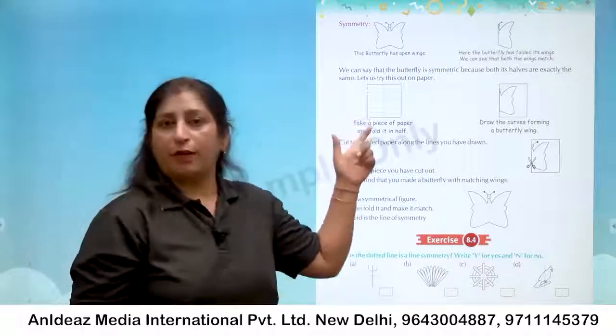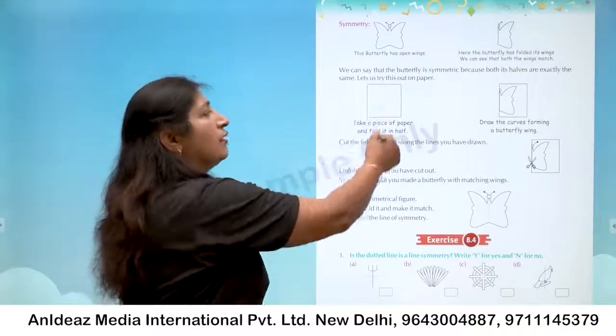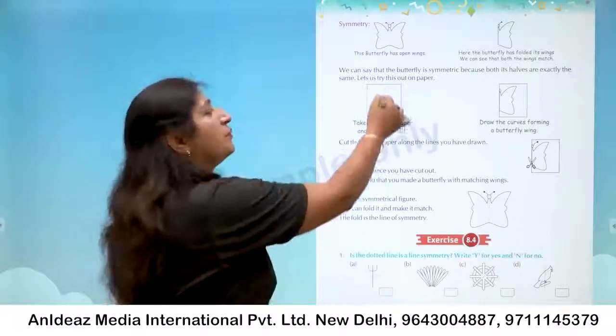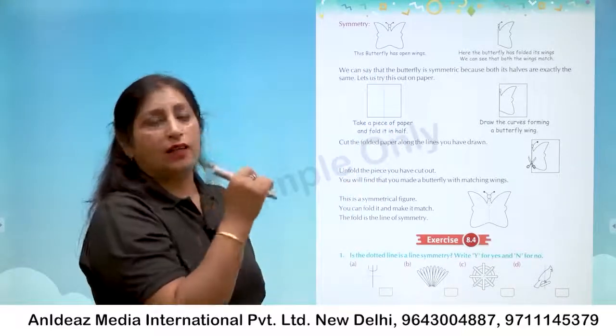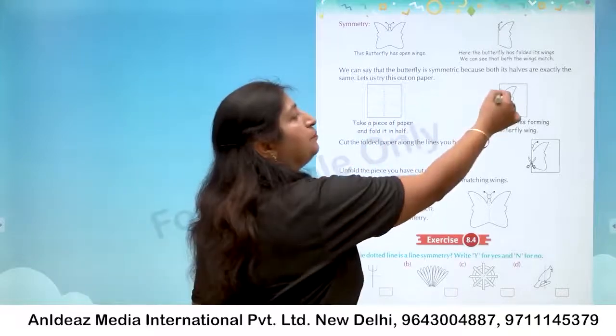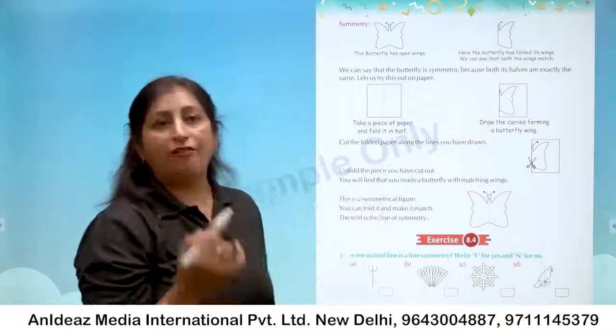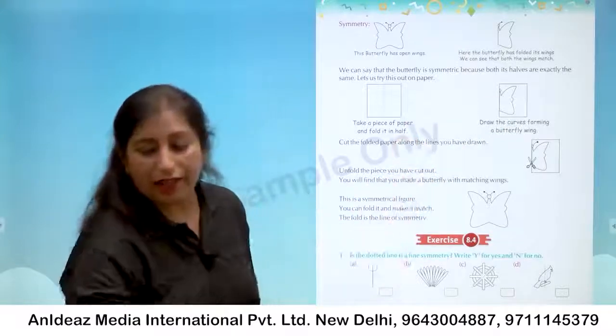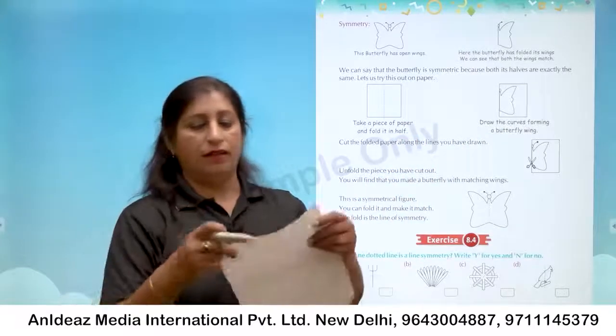If we take a piece of paper and fold it in half, we draw a symmetrical line, a dotted line over there, and we draw half a wing of the butterfly there. Then we cut it out.